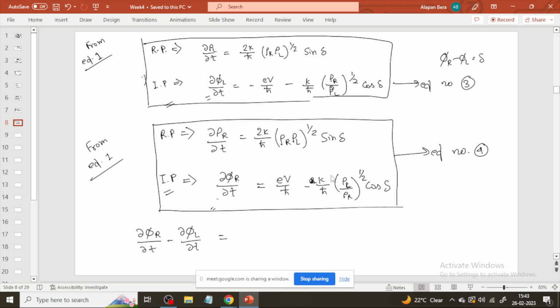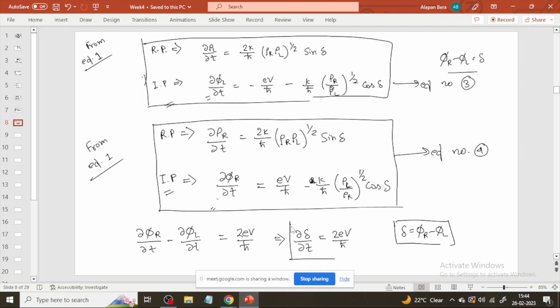These two terms cancel out. We will get 2eV by h cut, or d delta by dt equal to 2eV by h cut, because delta is phi as we have assumed before.